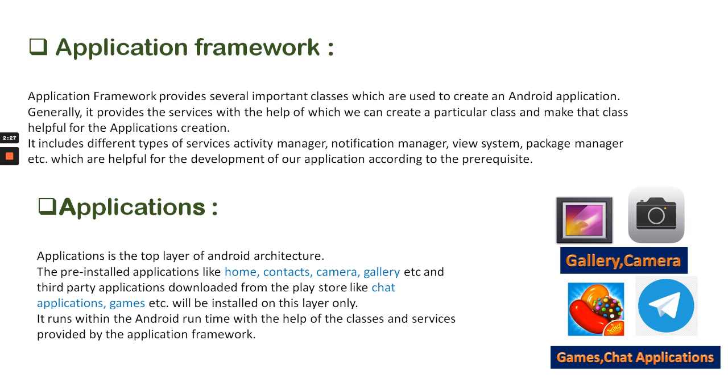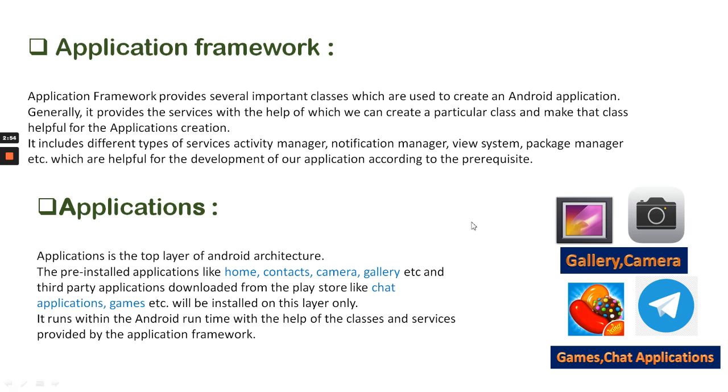For now, it includes different types of services, activity manager, notification manager, view system, package manager, etc., which are helpful for the development of our application according to the prerequisite. When we start our app development demo, at that time we will see application framework in detail.